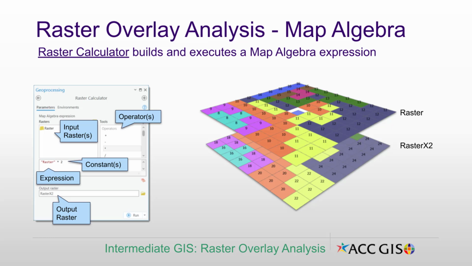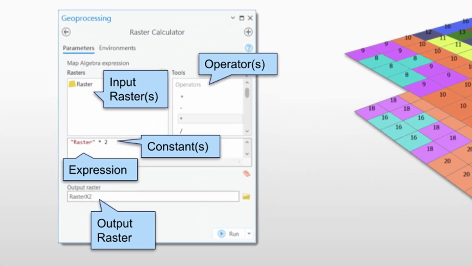And if you look at the left-hand side of your screen, you can see the raster calculator interface accessed from the geoprocessing tools. It includes the rasters, which are the input rasters that you're going to utilize in your expression, the tools, which actually include the operators, functions, and tools that you're going to use to act on your input rasters.